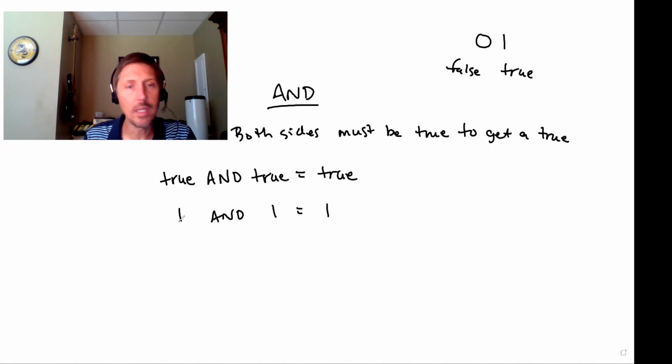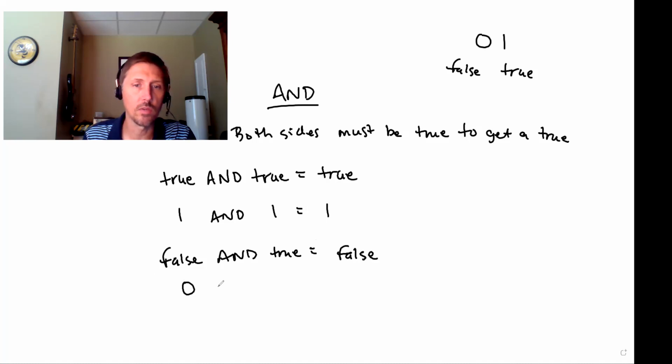But if we have anything else besides 2 ones, the answer is always going to be false. So a false AND a true, because they're not both true, is going to be false. Writing that in zeros and ones, that means 0 ANDed with a 1 is going to be 0.